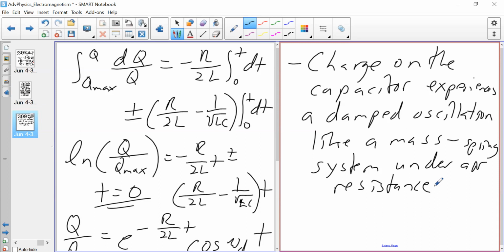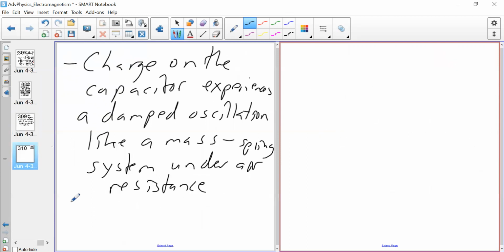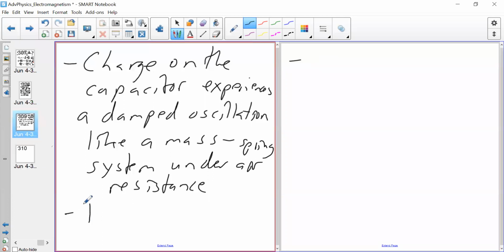Okay, some other things I want to say about this. In the term for omega d, when the first term, R over 2L, goes to 0, the damped oscillation basically becomes the angular frequency of an LC circuit.